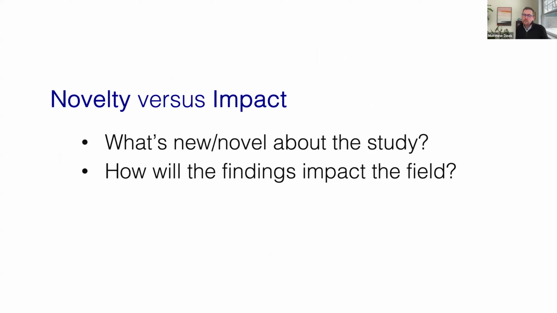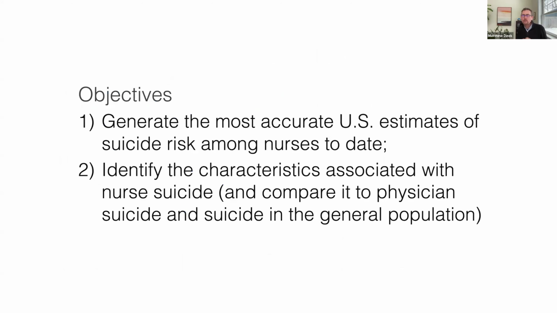So every time we think about a study in my group, I always ask myself, what's new about it and what's important. This wasn't a super novel study, but we felt it was really important in terms of impact, to get our arms wrapped around the problem that we'd been hearing about and interacting a lot with nurses who work out there in the field.